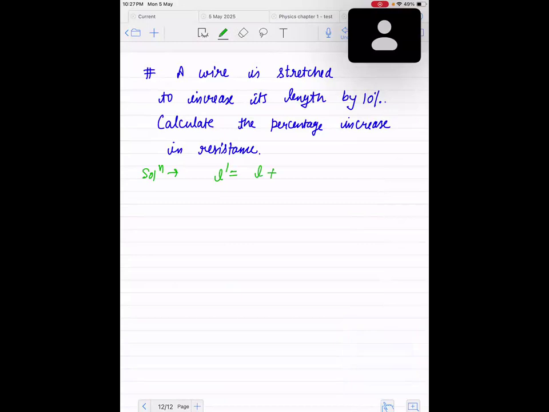Aditya, are you getting what I'm saying? Yes, sir. Okay. So the new length: 10% means 10 upon 100 of L, so L plus 0.1 L. It is the new length.